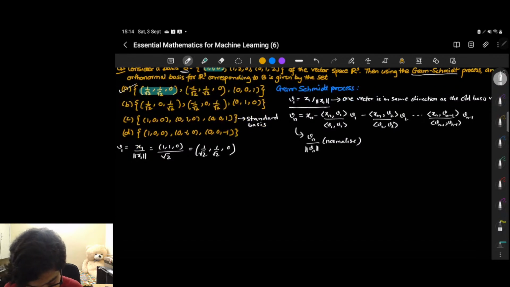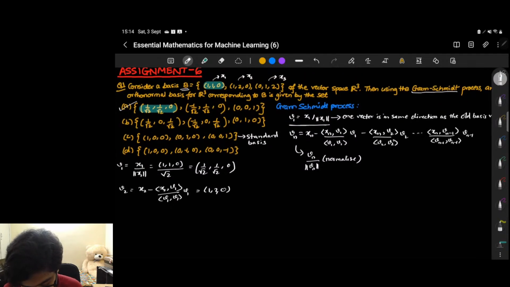That's that. And then V2 is X2 minus the component of X2 along V1. X2 is 1, 2, 0. That's my X2, minus the dot product.